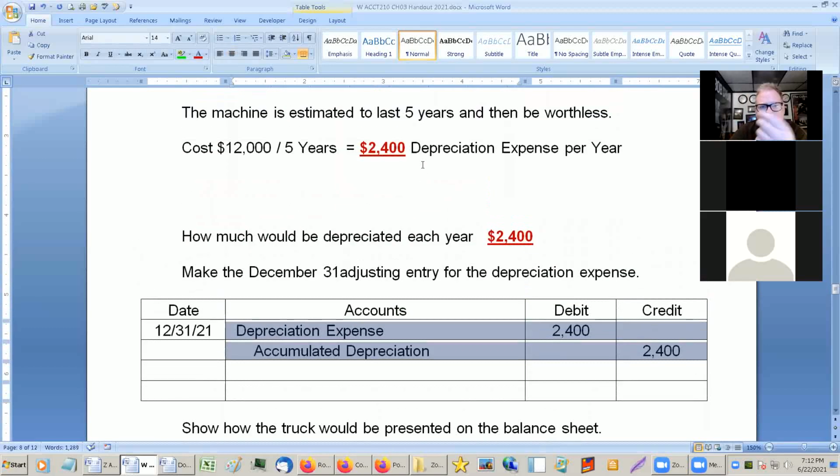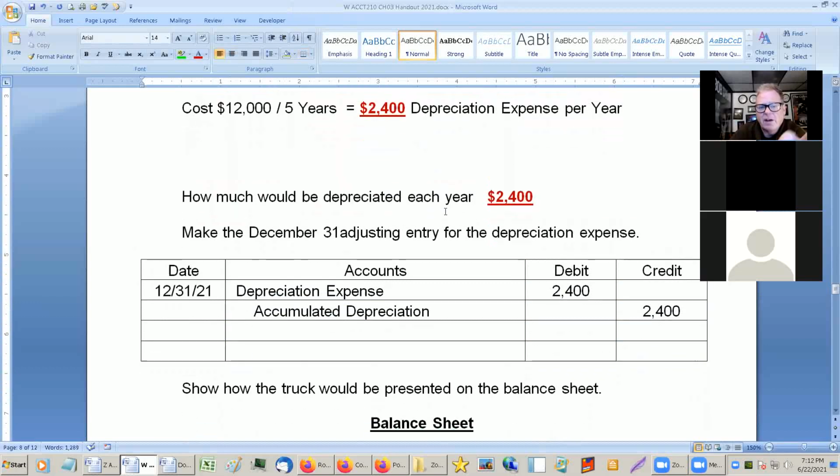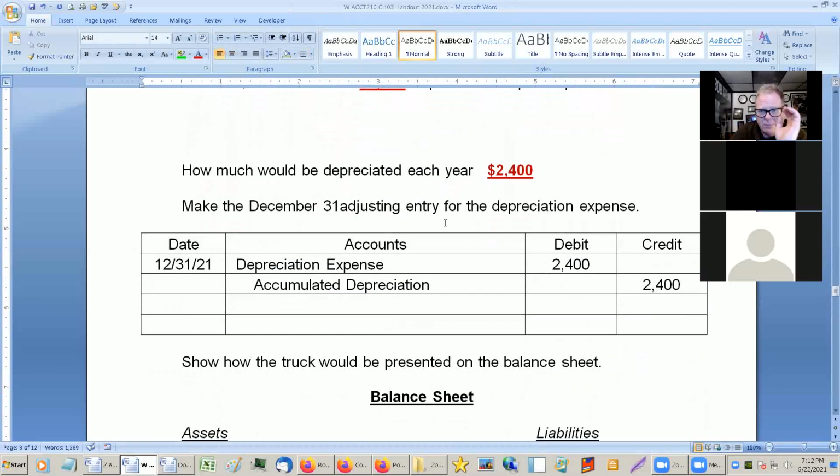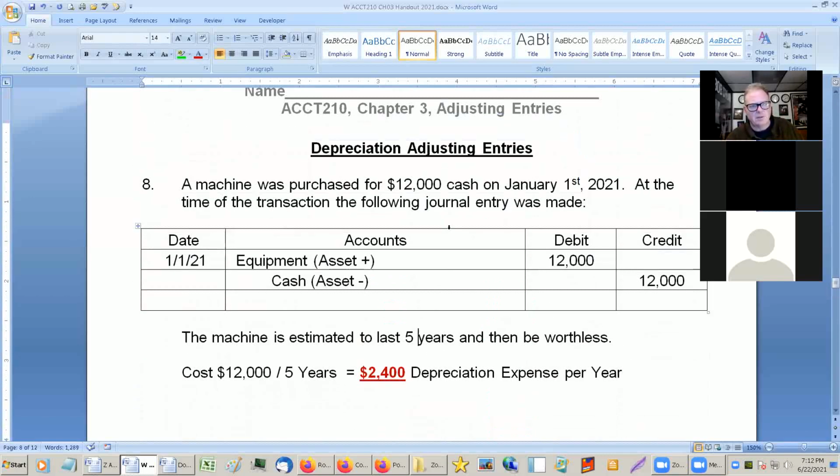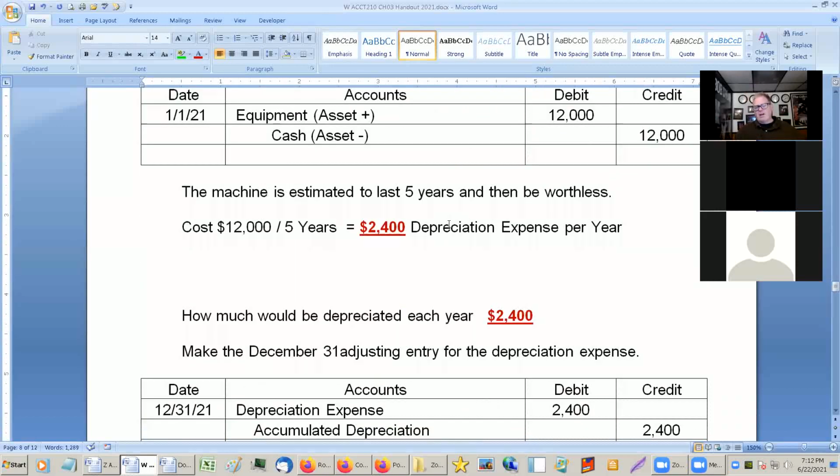Well, for the next 5 years, I should say. What they're doing is they're spreading the cost out. We're going to use this machine over 5 years.